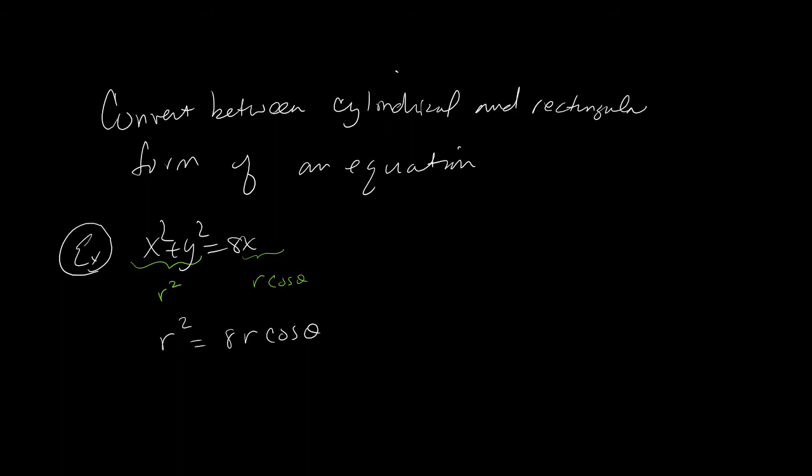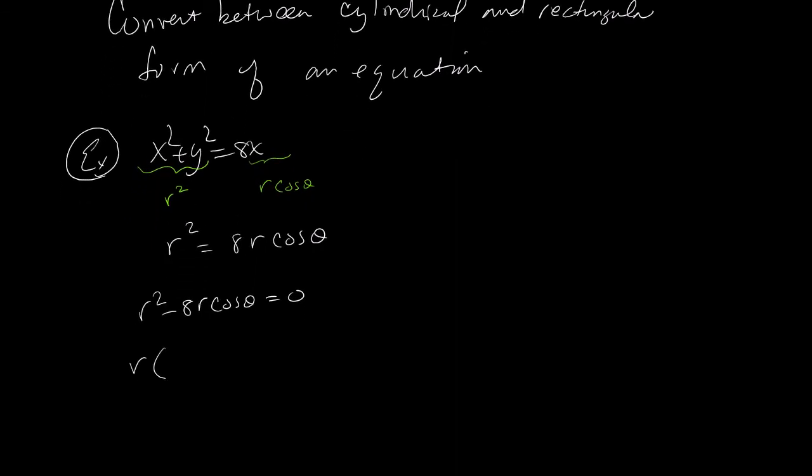Okay, so it can be tempting to just stop right here. However, with the textbook, they do require us to go a step further, especially when we only have r's and thetas in our equation. So what we're going to do is get everything on one side: r squared minus 8r cosine of theta equal to 0. Factor out the r: r times (r minus 8 cosine of theta) equal to 0.